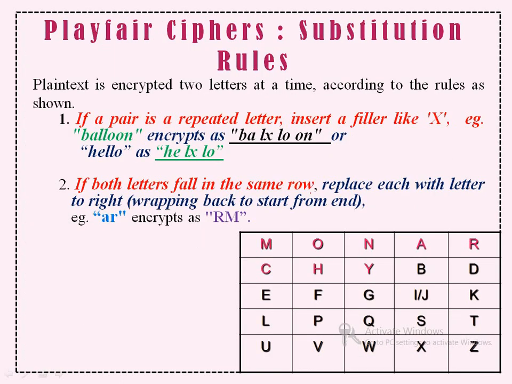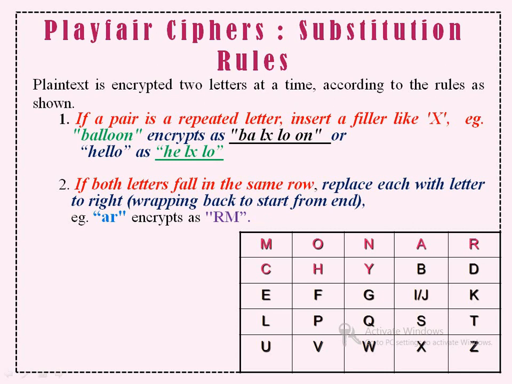Now comes the rule. Please make a note of this rule one by one. There are 4 rules and based on that we are going to solve the example also. First rule is if a pair is repeated letters, if we have a pair of letters, insert a filler like X. For example, if the word is balloon, then it should be BALXLOON.